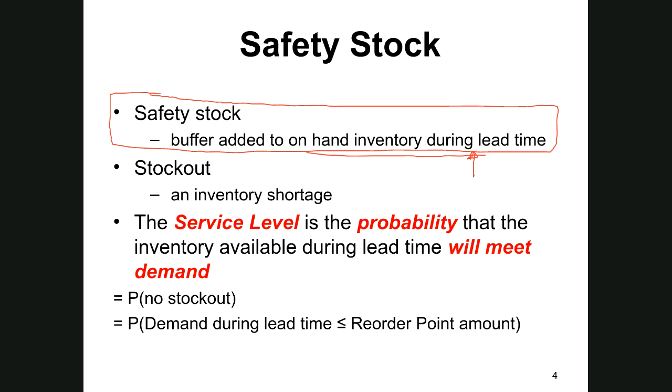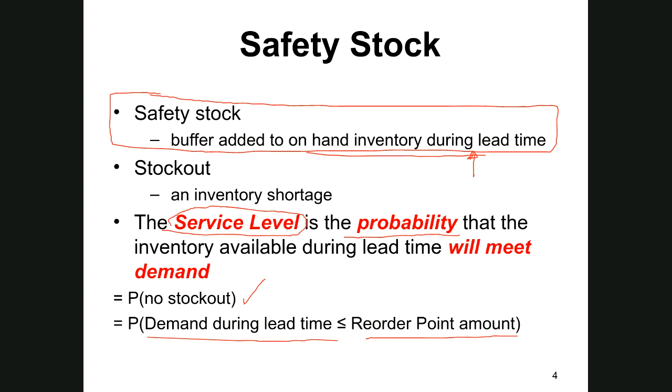We have to express this in terms of probability, and we want to set a probability that we will meet the demand during that lead time. So the service level is expressed as that probability. It's either the probability that there's no stockout, or the probability that the demand during the lead time is less than or equal to the reorder point quantity.